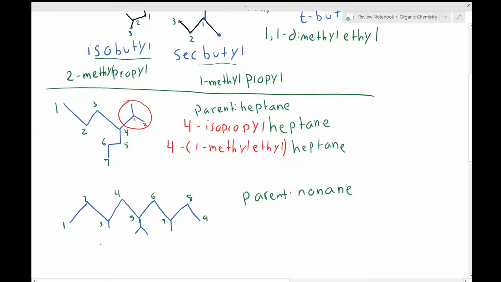Oh, sorry, here in my example I have a bromine right here. I'm going to add that in. So we have a 3-bromo. If you can notice here, we also have a 5-isopropyl. And in 7 we have a methyl.